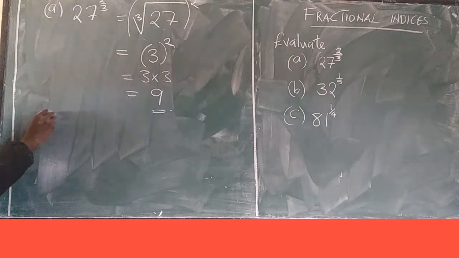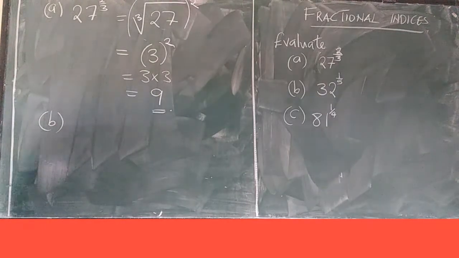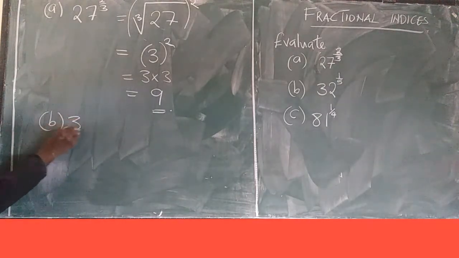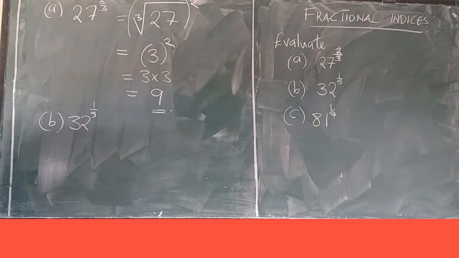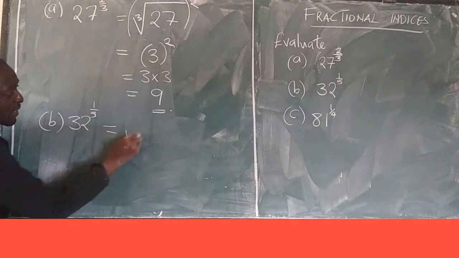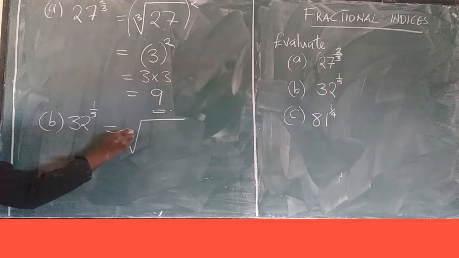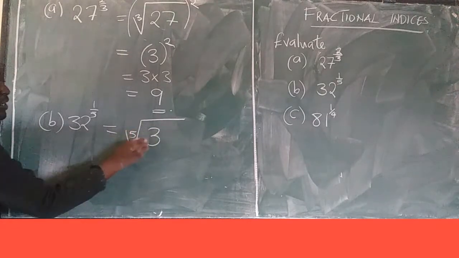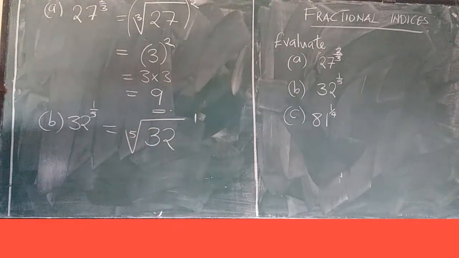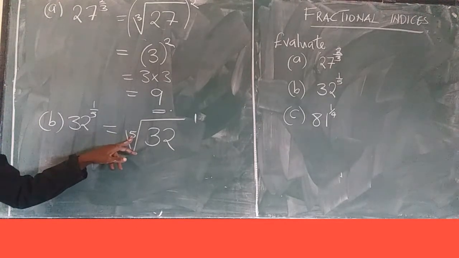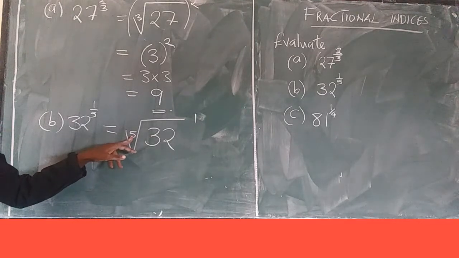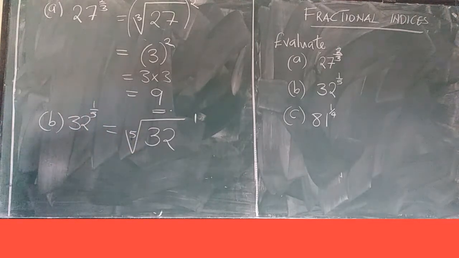Okay, so we can come to the next one, which is 32 to the power 1 over 5. Once again, you do exactly what we did there. You introduce the radical sign, and then you put the 5 here, 32 here, and the 1 out there as the power. Again, this 5 tells you to find a number that you can multiply by itself 5 times to give you 32.